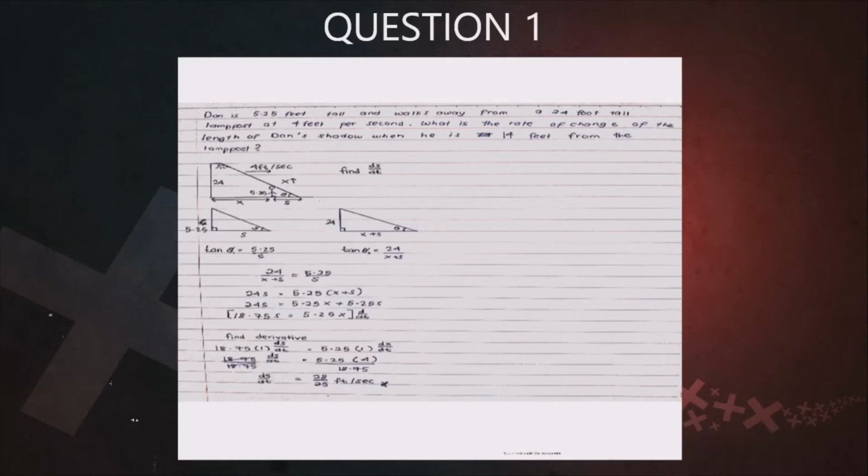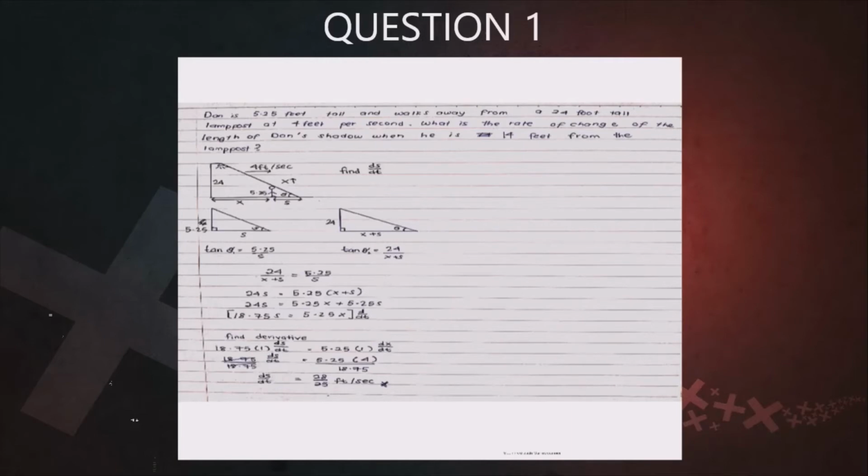Then find the derivative. As we can see here, the power of s and x is 1, so 18.75 times 1 and 5.25 times 1. Then from both sides, divide by 18.75.